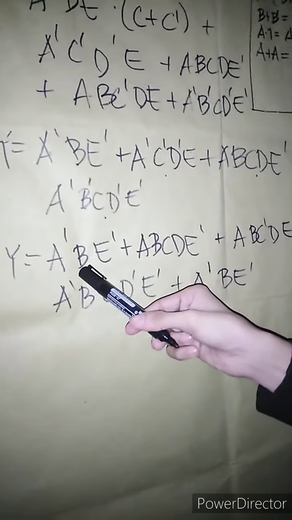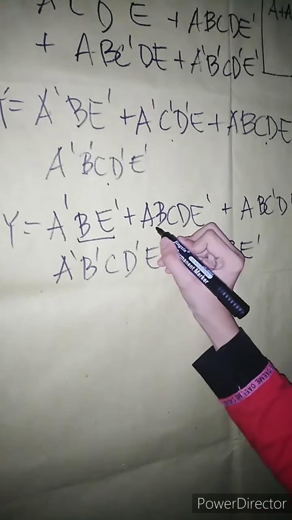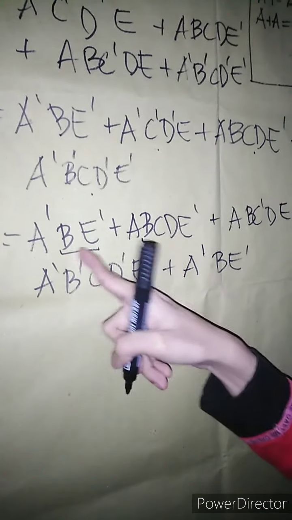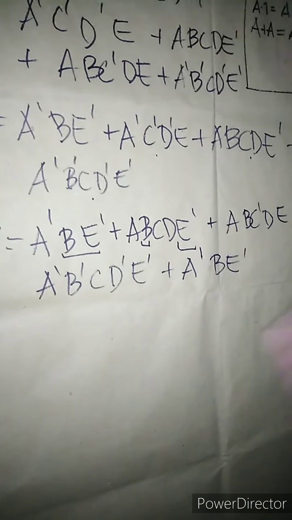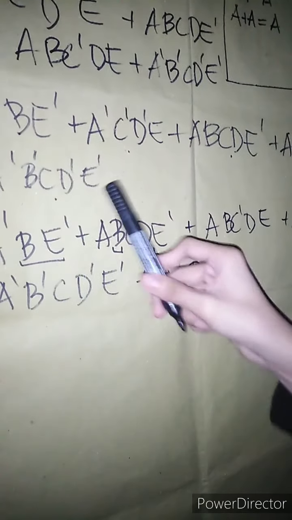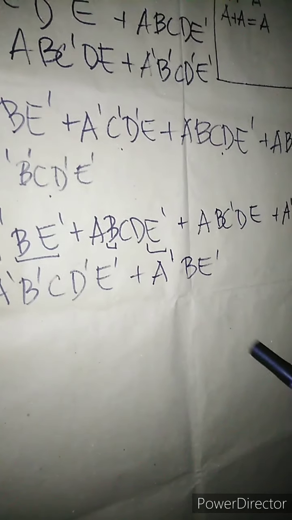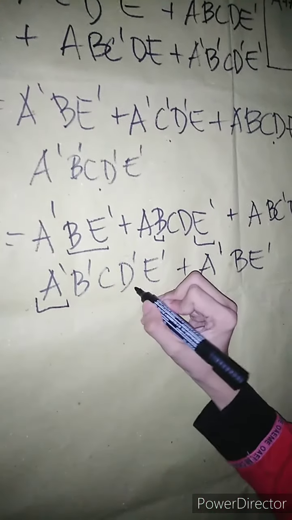Ito, sinadya ko siyang i-pair dito dahil meron silang common terms na BE prime. Dito naman, tinabi ko tong pangalawang A prime, BE prime dahil similar sila dito. They have the same A prime, E prime.